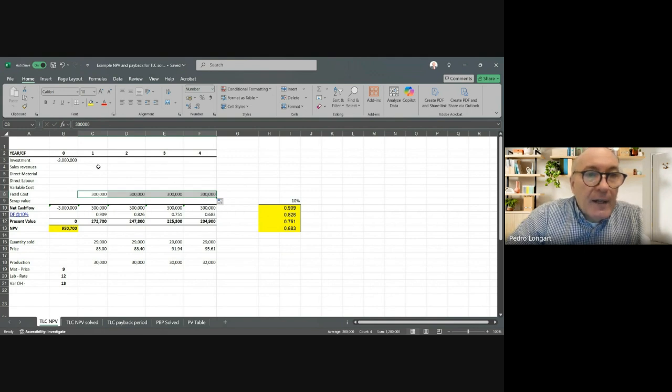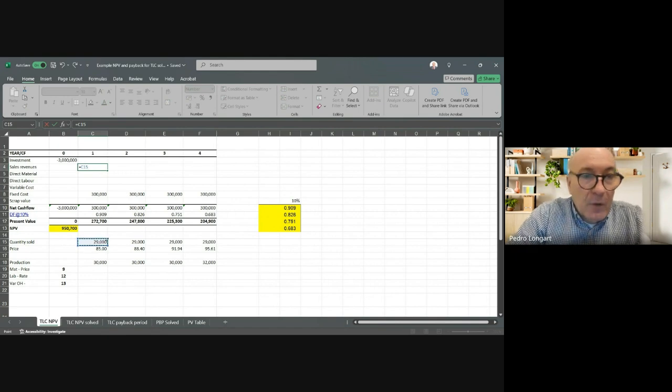Let's actually calculate first the sales revenues, okay? The sales revenues, how much are we selling, is the price per unit times the number of units. So how many units are we selling? This value here, which is, okay, in this case, you can see how I am highlighting that, multiplied by the price of 1 unit.